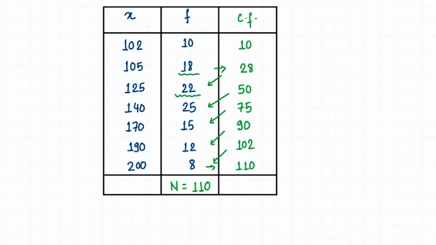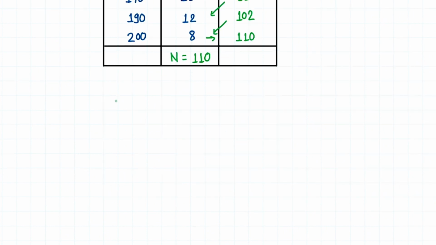Now that we have filled up our cumulative frequency, what we are going to do is we are going to find the position of our median. So again, our formula to find the position of median is equal to (n plus 1) divided by 2 th item.